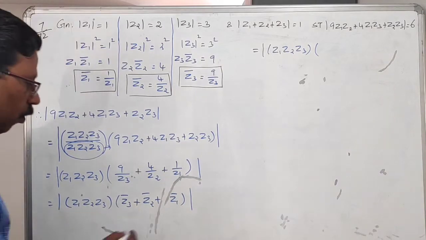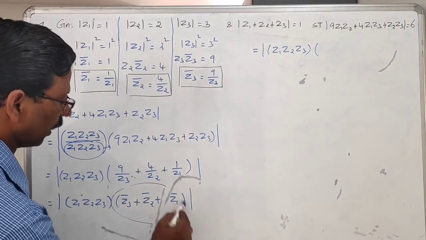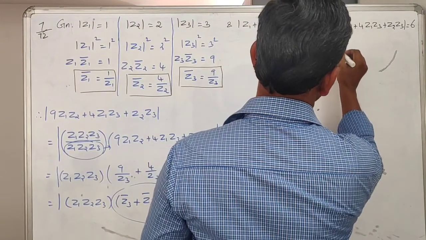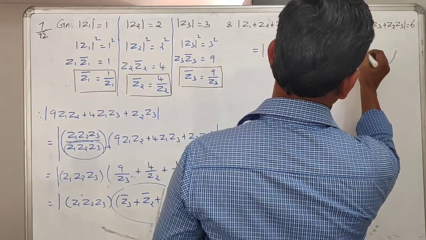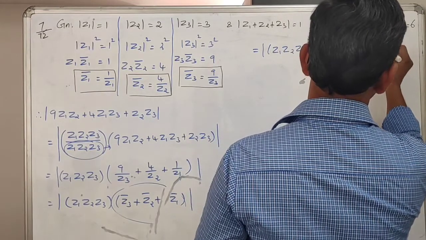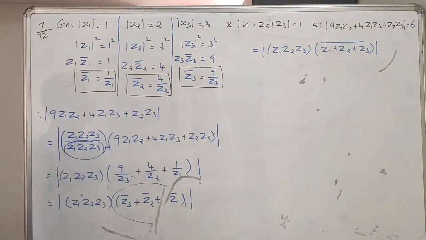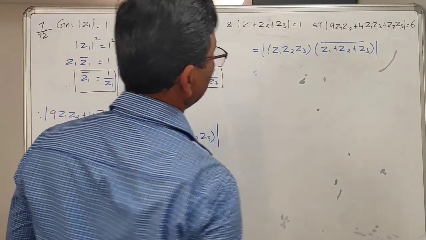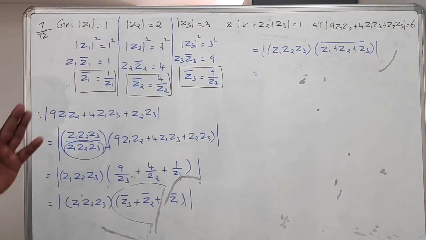Therefore, we rewrite this as Z1 plus Z2 plus Z3 whole bar. This is the modulus. Now you are going to take the modulus separately.